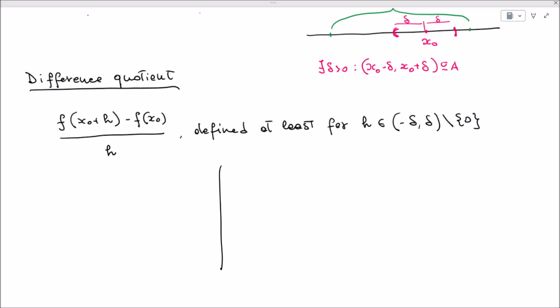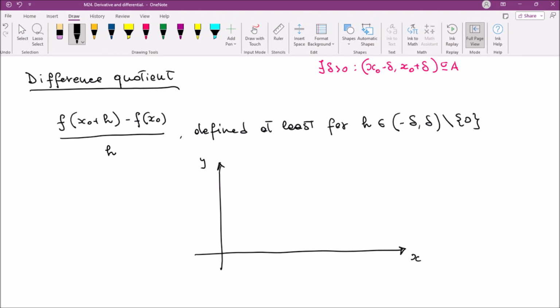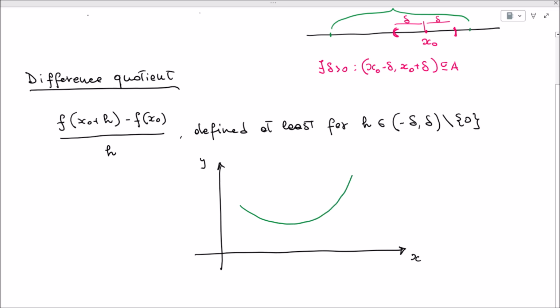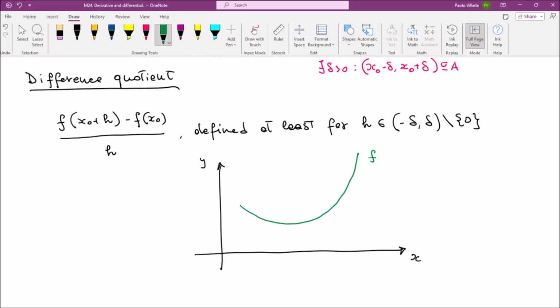So what we are saying is that we have a function f, and let's say that this is the graph of the function f, and we are now going to pick one point.